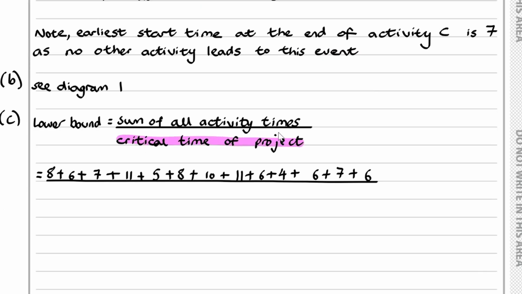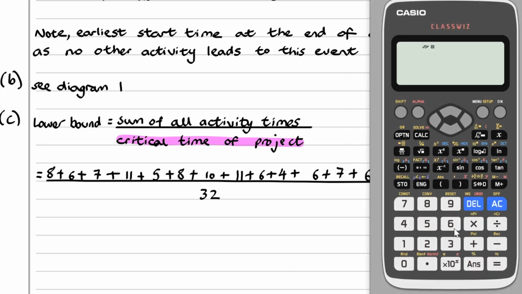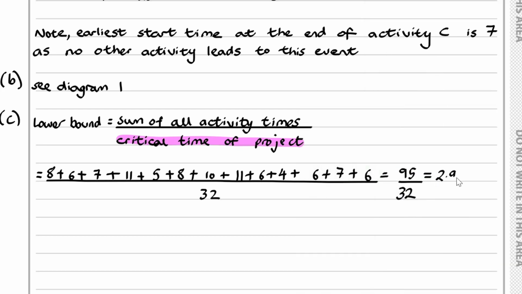So we have 95 over 32, and if we work this out, we have 95 divided by 32, which is 2.96 etc. And therefore the lower bound, we want integer numbers, lower bound is 3. Okay.